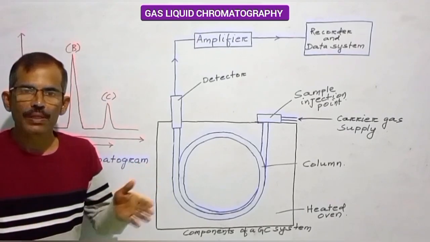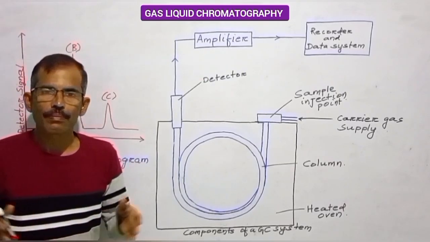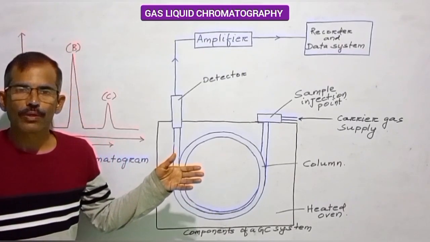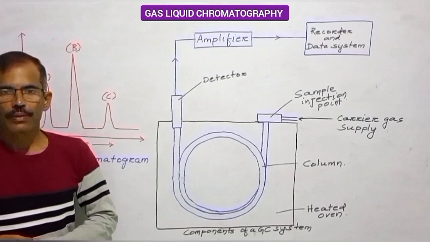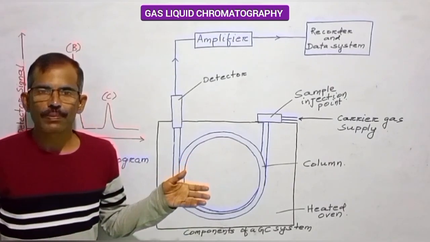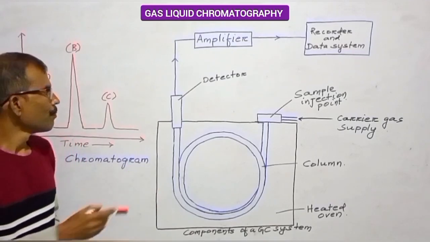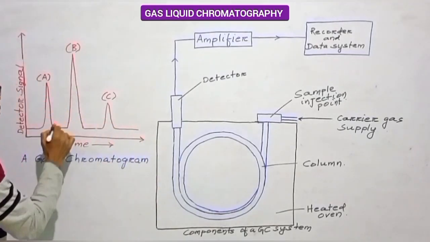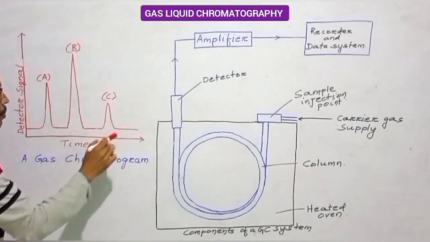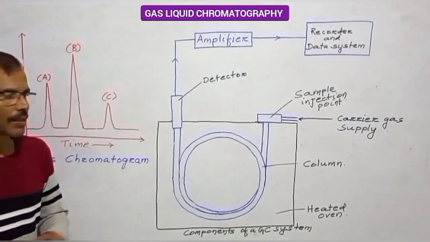This volume is called the retention volume, which is fundamental to gas-liquid chromatography. The retention volume is used for analysis of the sample. Like other chromatography, the area under each peak is usually proportional to the concentration of the analyte.